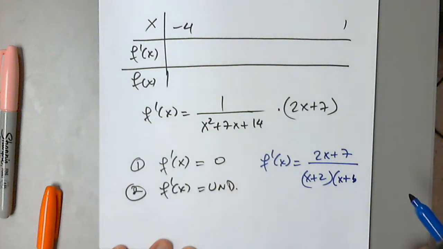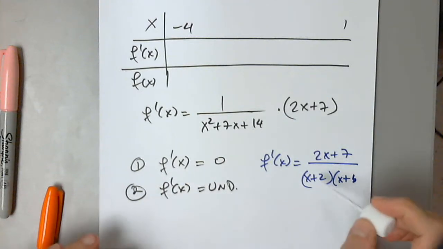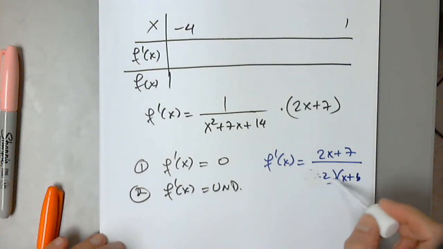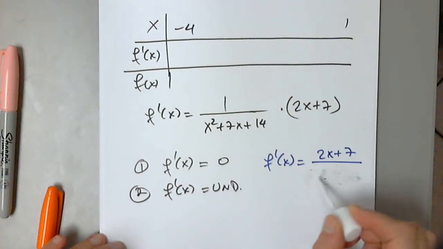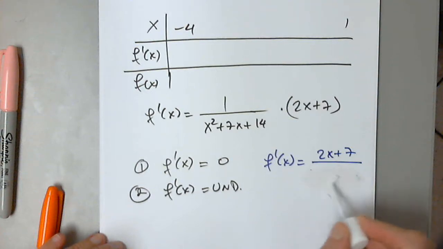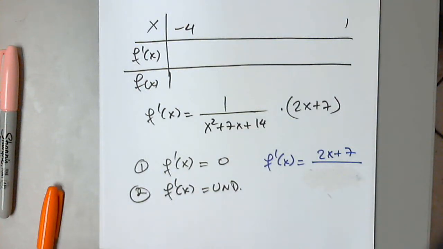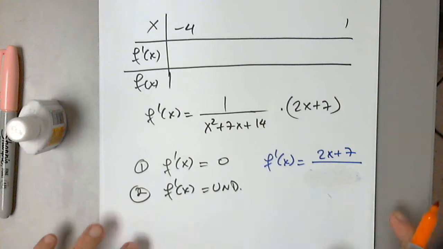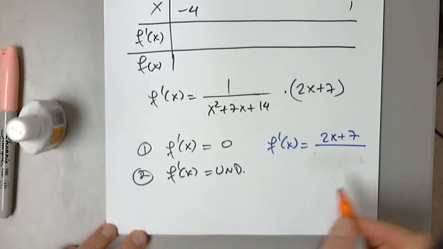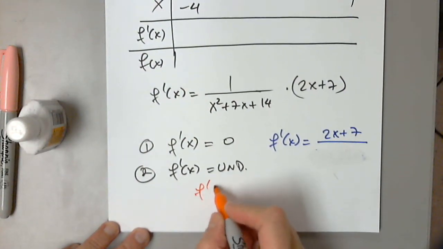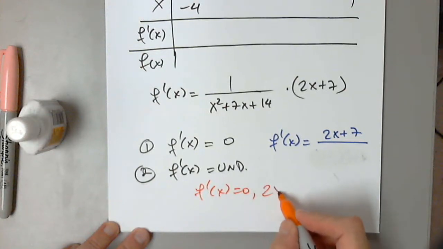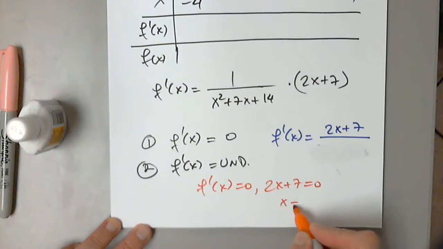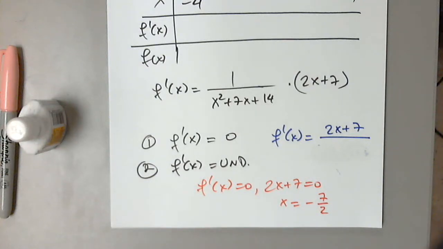So the first derivative, one more time, I'm going to copy it here, is 2x plus 7 divided by x squared plus 7x plus 14. I thought the denominator was factorable, but no, it's not factorable indeed. I would have liked it to be, but it's not. So f prime of x is 0 means 2x plus 7 equals 0, or x equals negative 7/2.